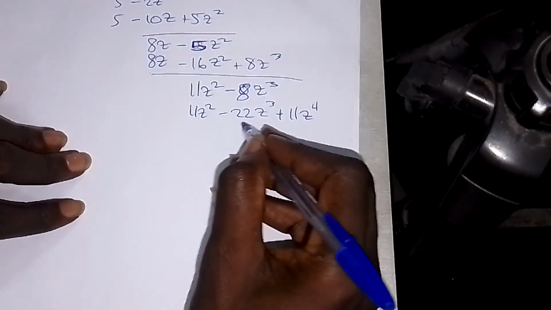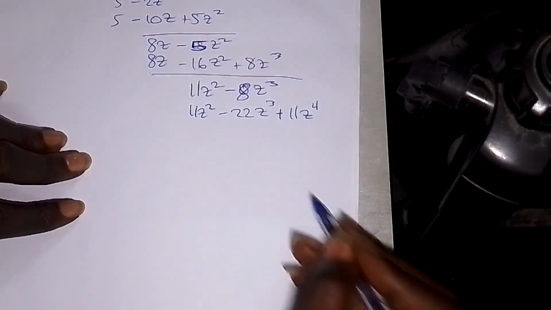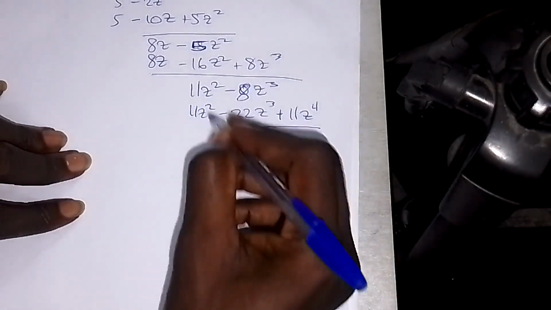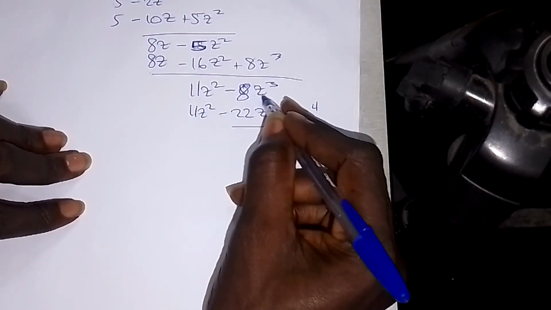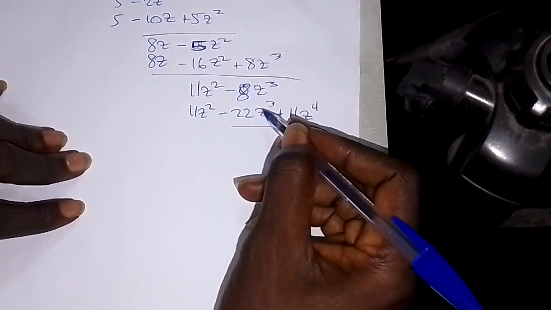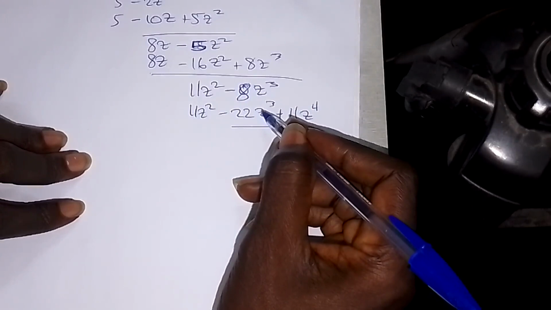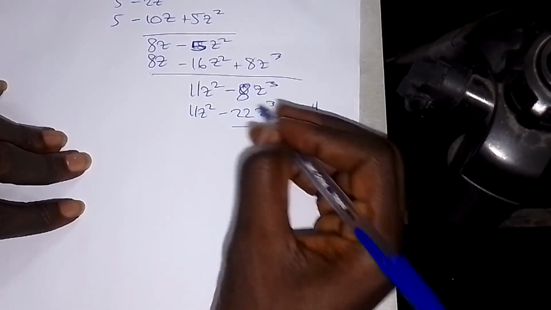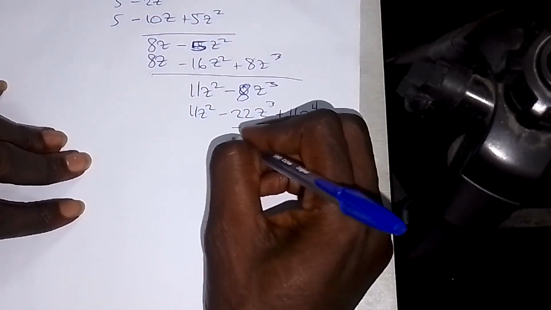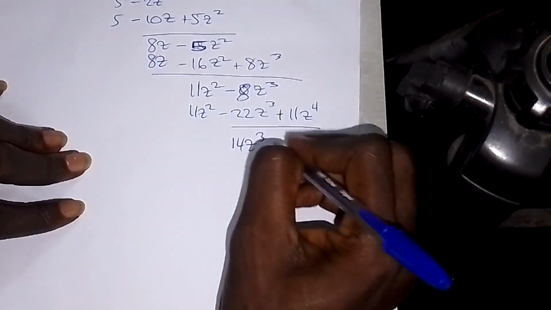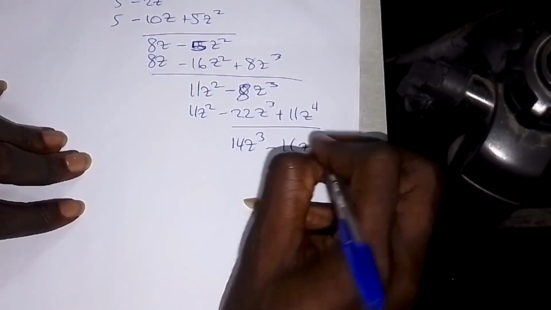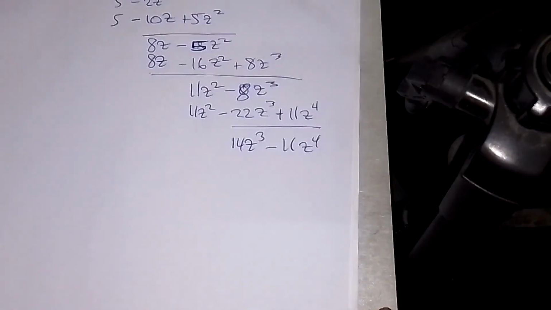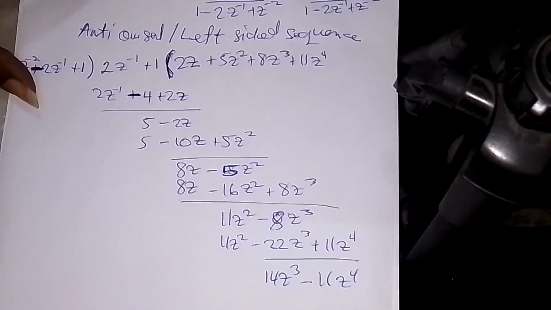So now if I do my subtraction, I'll get 0 here. Here I'll get minus 8 minus 22, that will be positive 14z cubed minus 11z exponent 4. If I want to continue, I can continue on and on.